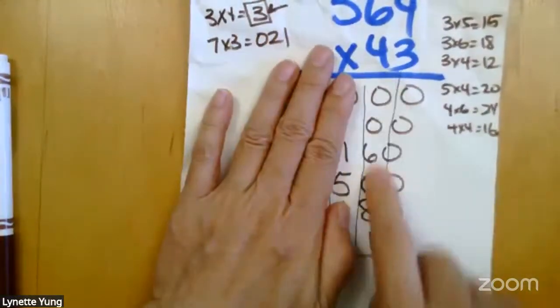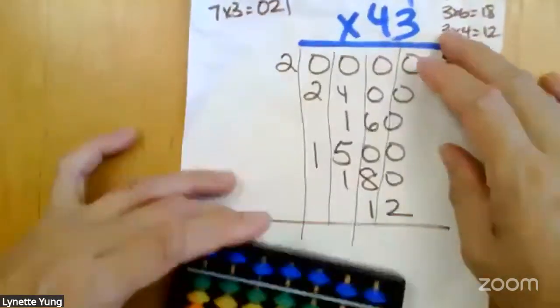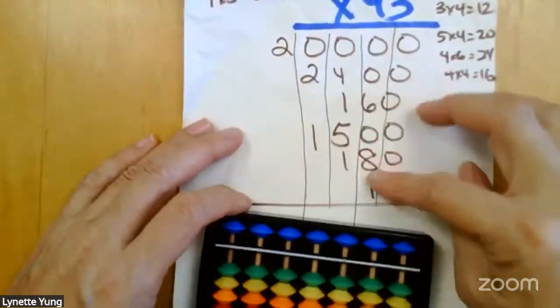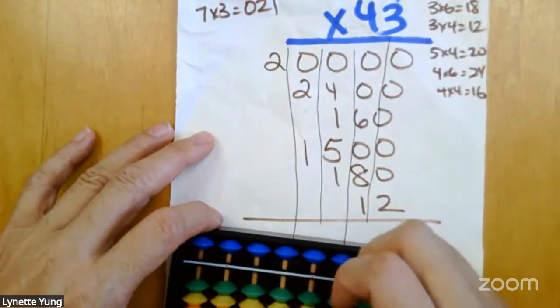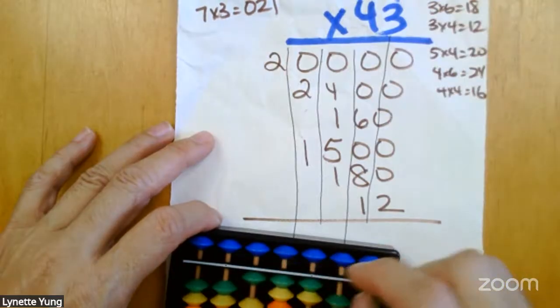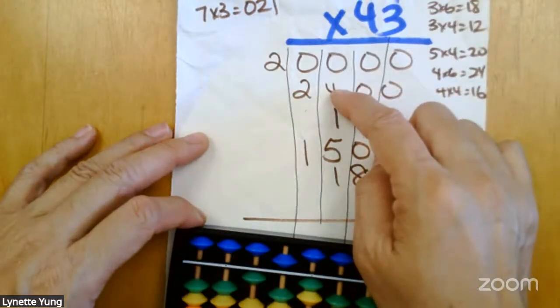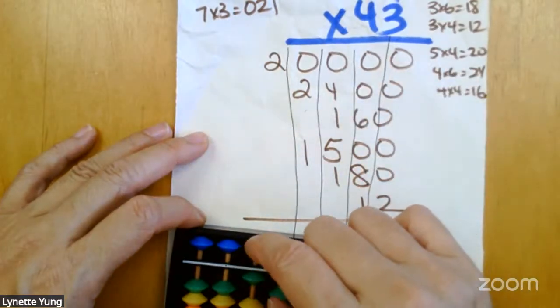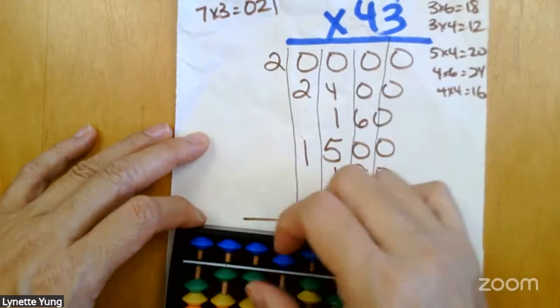Right. So then we know that that's 2, 15. Yeah, that's right. So it's 2, 8, and then 1, and then 4, 1, 5, 1.